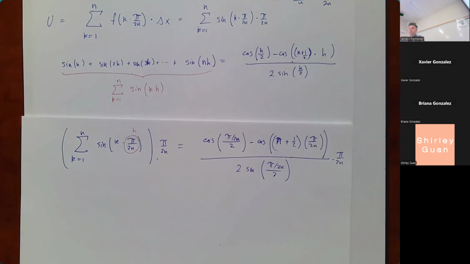Bonkers. And then I would say that's our answer to the first part: partition into n subintervals of equal length and calculate the corresponding upper sum. So there's our upper sum.